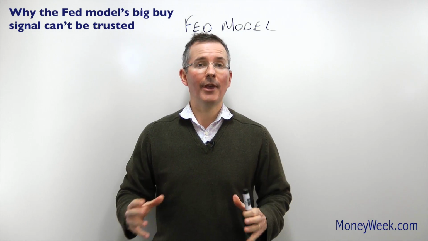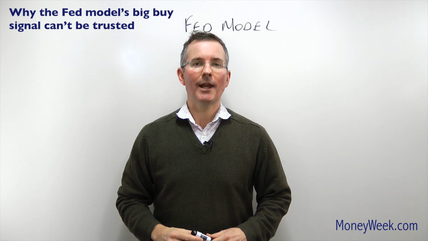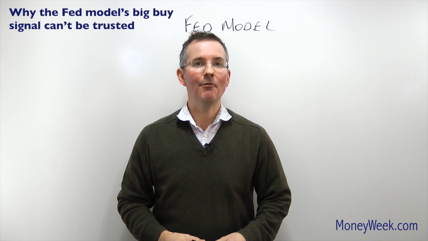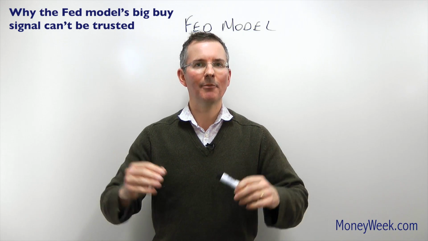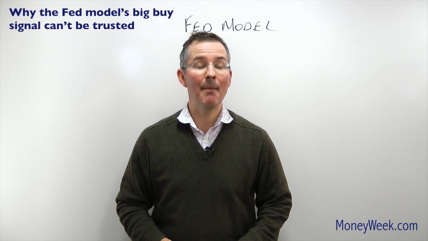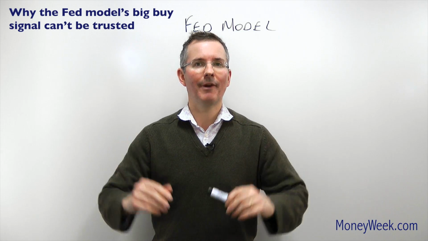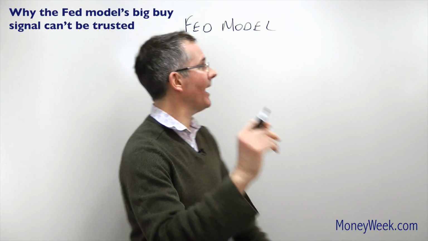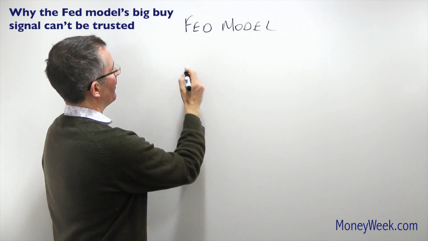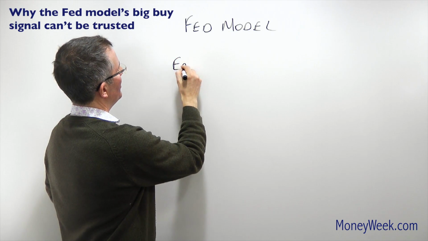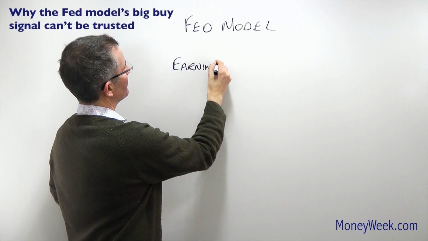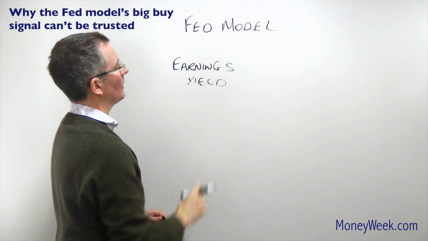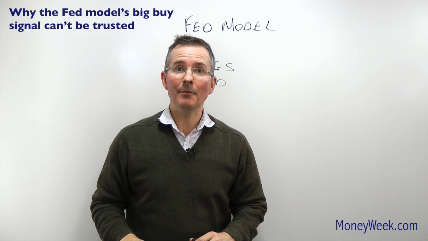Now, the basic principle is this. If interest rates are falling, share prices should be rising, and vice versa. So it's an incredibly simple relationship stripped down to its bare parts. Now, the city jargon around the Fed model is slightly more complicated, but not too much more complicated. It says, to translate that sentence, that if the earnings yield, now this is an American model, named after the Fed, if you like, so it's an American model.